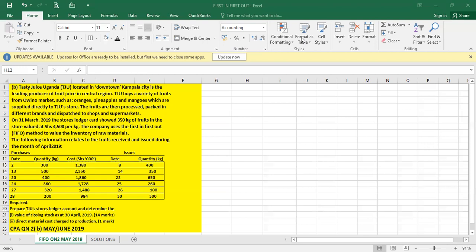But as we know, when we are doing inventory valuation in cost and management accounting, our emphasis is to look at all three.